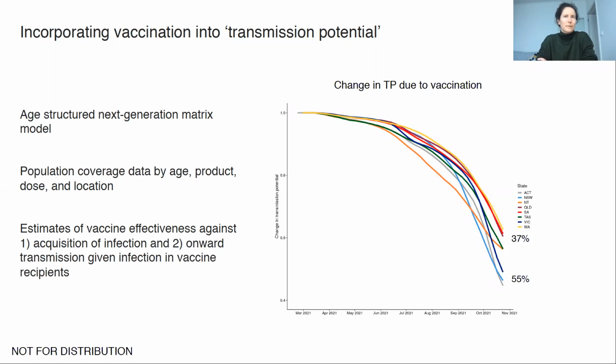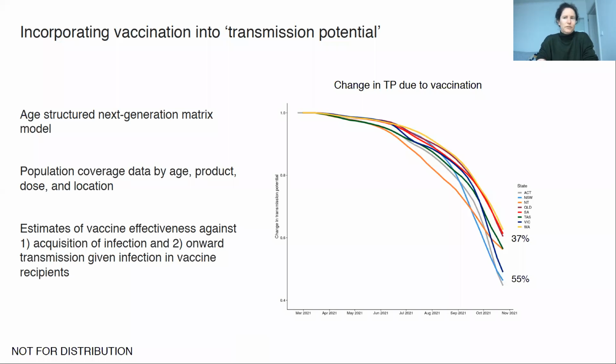And then in probably March, April 2021, we started thinking about incorporating vaccination into that metric, so that we could continue to have an understanding of the potential for spread in the post-vaccination era.